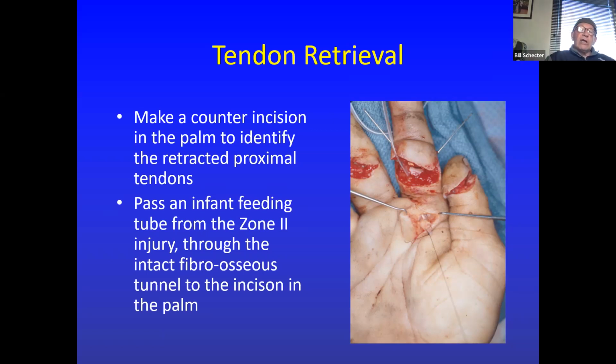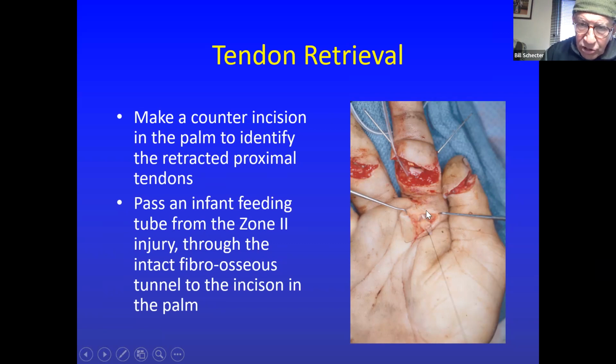Okay, but let's say you can't do that. So you make your counter incision in the palm, as you see here, open the flexor sheath, and there's your tendon. So now what you're going to do is take one of these infant feeding tubes and pass it through the distal cut in the fibroosseous tunnel, and pass it down into the palm. Pull it out, and then sew the end of the tendon to this tube.